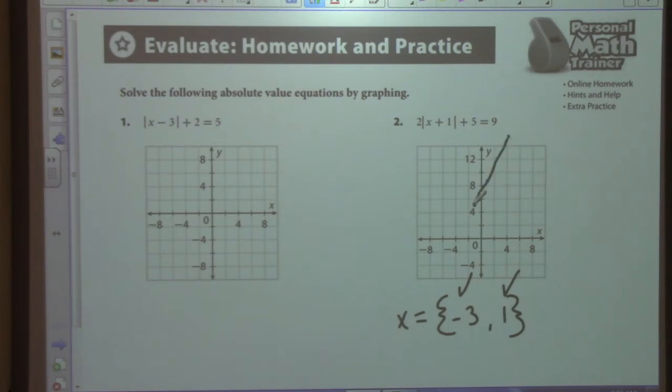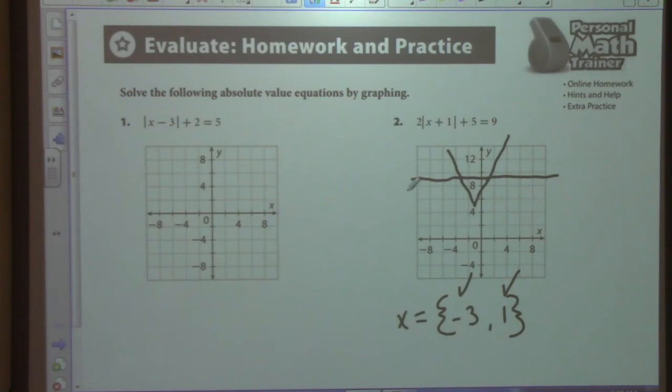And then the other way would be like this. And then at 9 would be right here. So that looks like it's about -3, so that checks out.